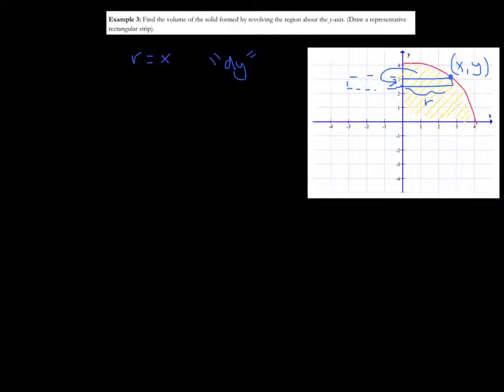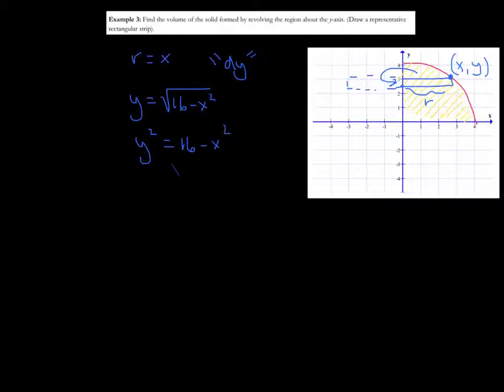All right, so we're going to take our formula, which is y equals the square root of 16 minus x squared, and we're going to solve it for x. So we're going to square both sides, and we get y squared equals 16 minus x squared.